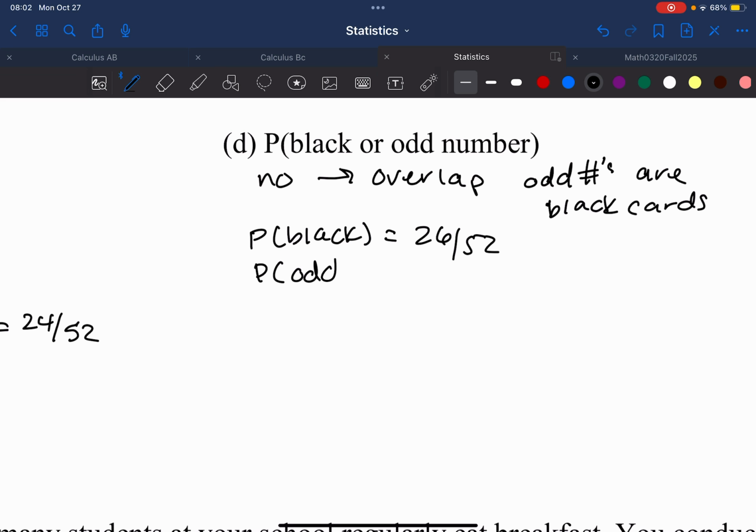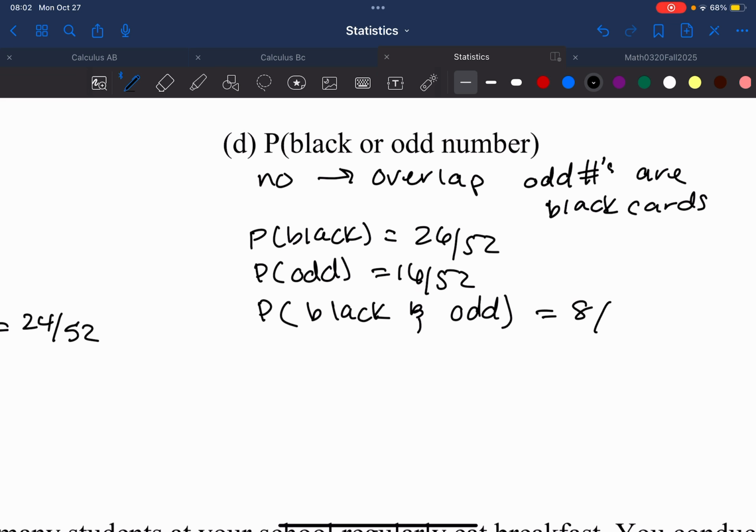Probability of an odd number card is 16 out of 52. Probability of black card and odd card, so this is where they overlap, is going to be 8 out of 52, which means 8 of the cards in the deck are black cards and are odd cards at the same time.